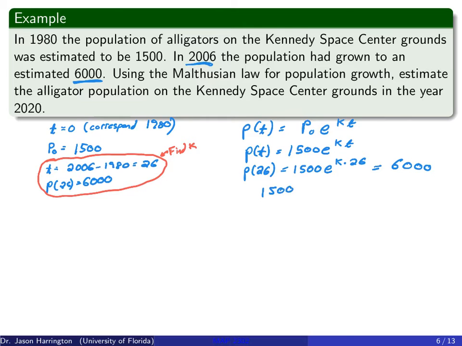So I have 1,500 e to the k times 26 is equal to 6,000. And remember, this is the little guy we want. So I'm going to have e to the k times 26 is equal to 6,000 divided by 1,500. And again, I can sort of slash that out and just make that 60 over 15, which works out to a really nice number, 4.